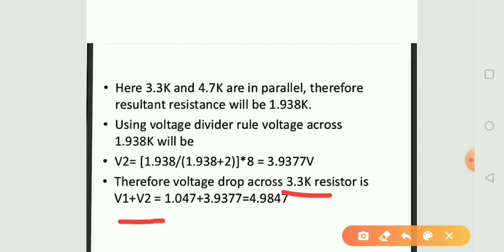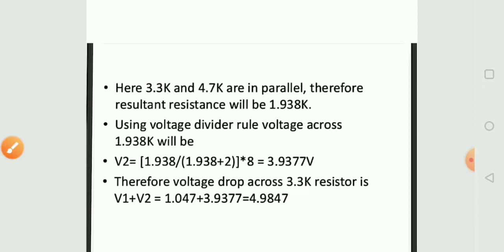It is 1.047 plus 3.9377, and if we add both values, it will be 4.9847 volt.